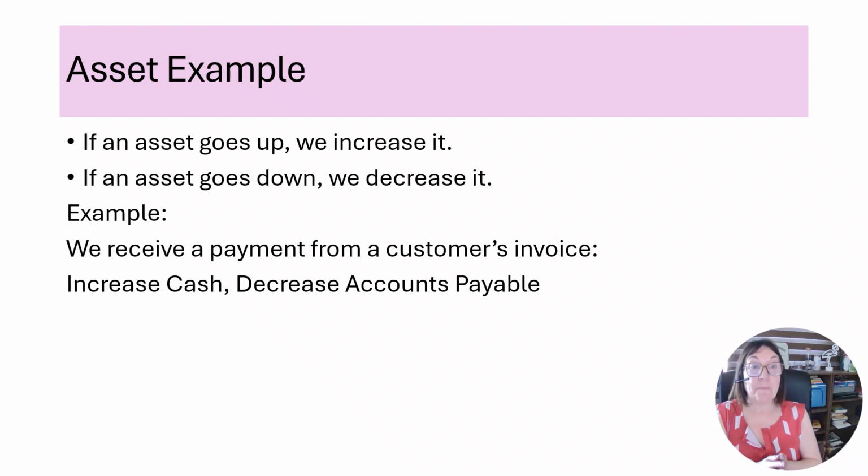Another example could be if we bought inventory for cash. They're both assets. So when the inventory goes up because of the purchase, the asset goes up. It increases. Because we paid it with cash, cash decreases because we use that cash to pay the bill.